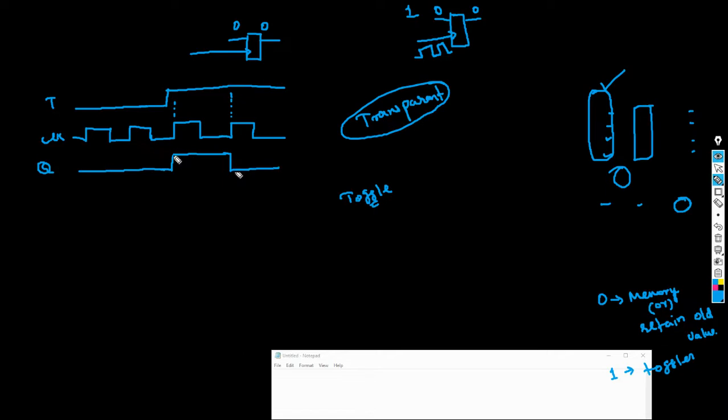So the output level keeps toggling. That is the beauty of the toggle flop. When T is 1, your output keeps changing its state every clock cycle. That is the meaning of your T flop.